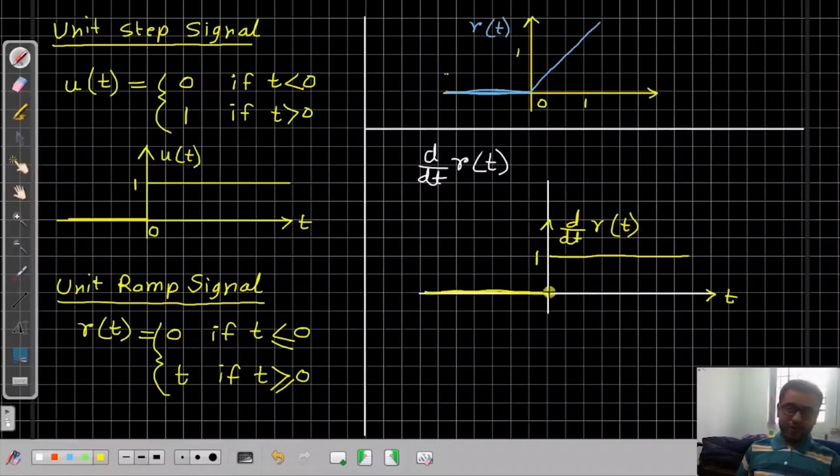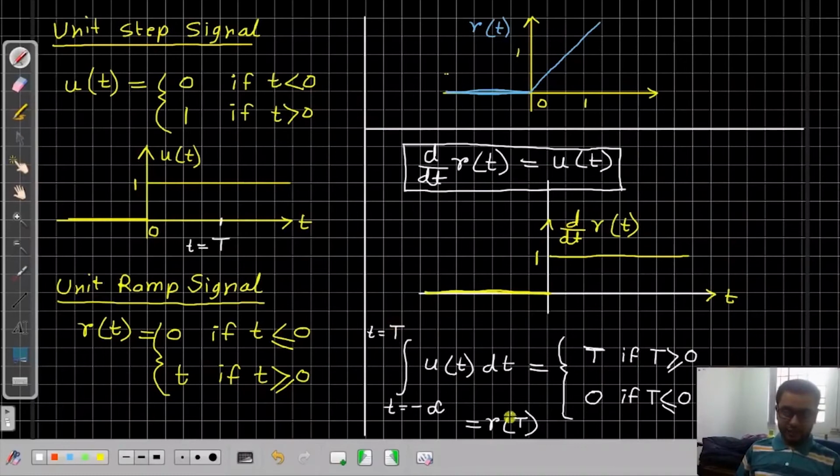So you observe that this signal is same as the unit step signal. This is a very useful result, that the time derivative of a unit ramp signal is same as the unit step signal.